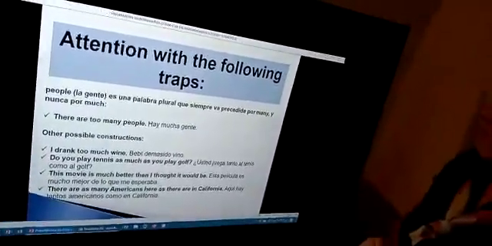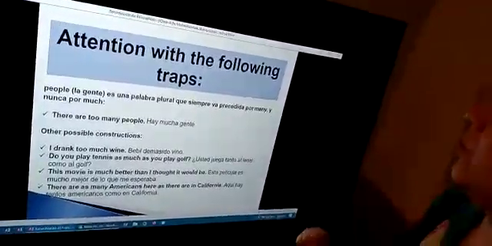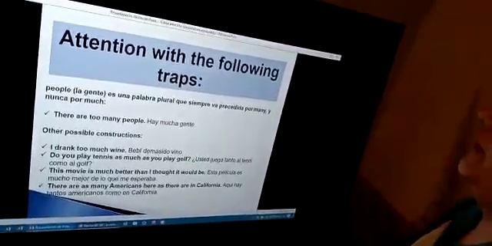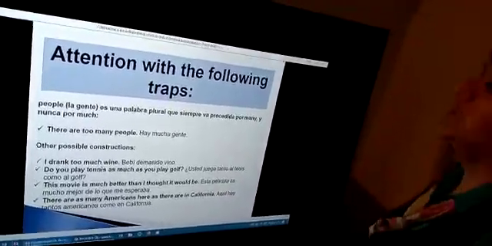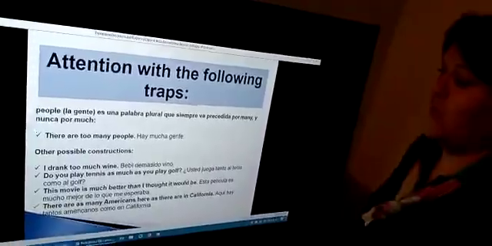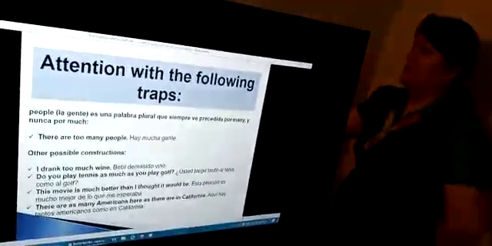En Spanish say, aquí hay tantos americanos como en California. This is the attention with the following tropes. Okay? And other possible constructions.